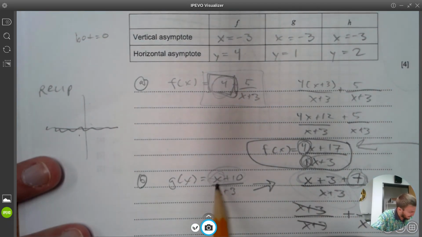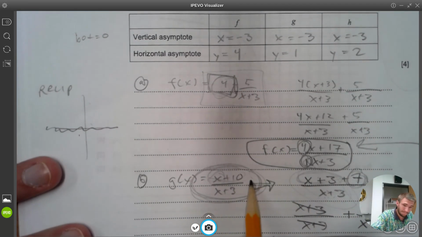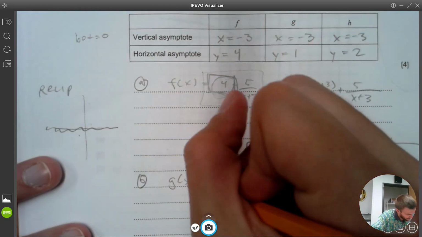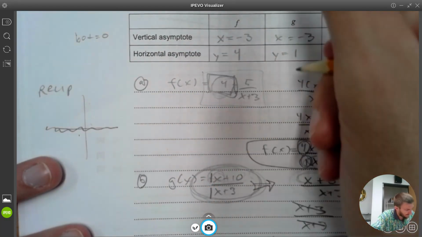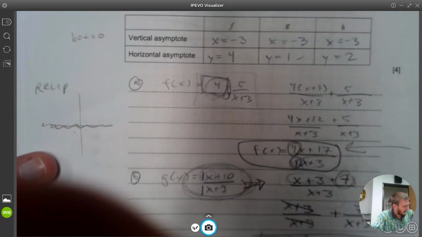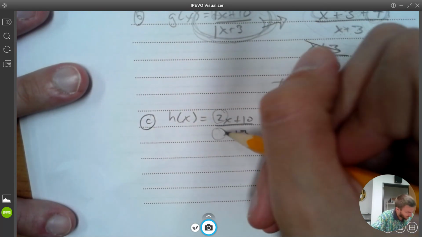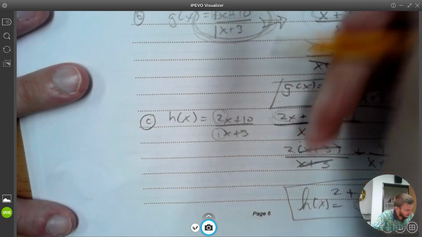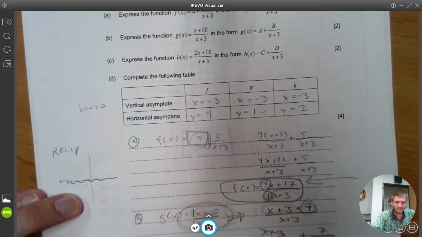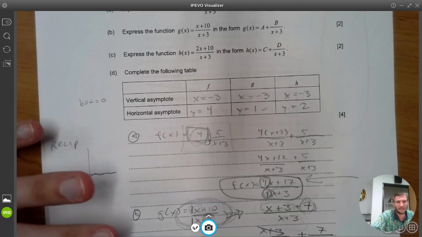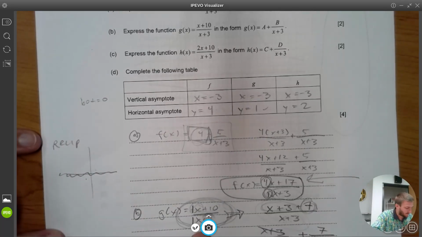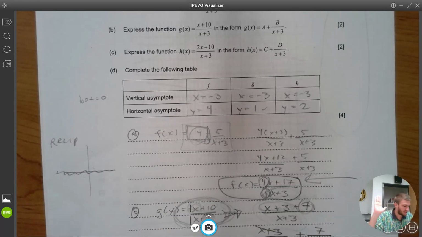For the uglier form, the leading coefficient, 1 divided by 1 is 1, check. And for the last one, the leading coefficients 2 and 1 give 2. So there are two different ways you can do the horizontal asymptote: one using transformations, one using your knowledge of rational functions. Easy points. We take these all day.